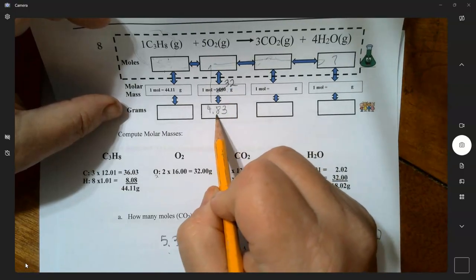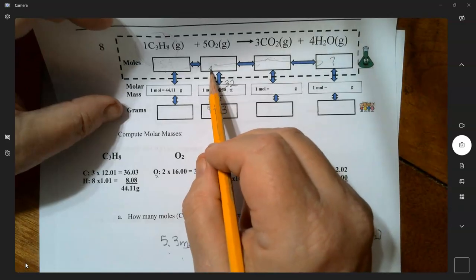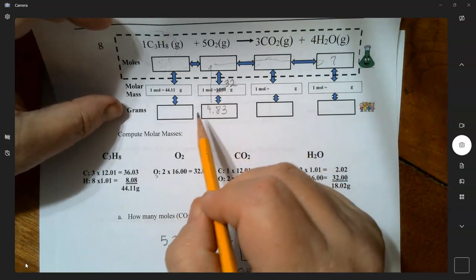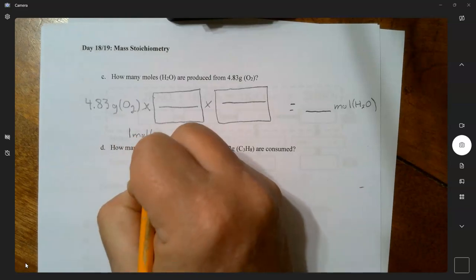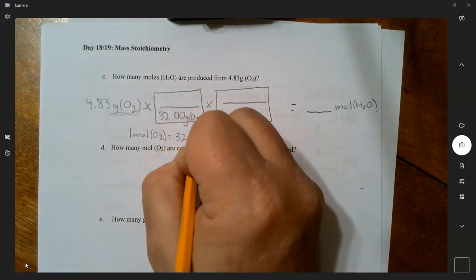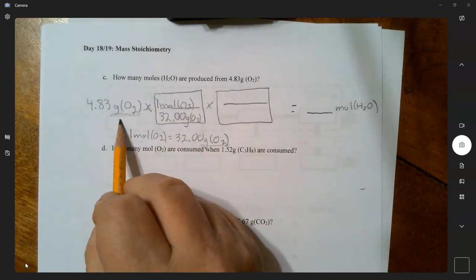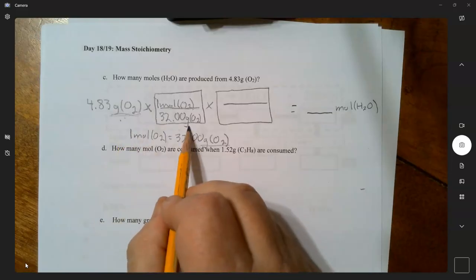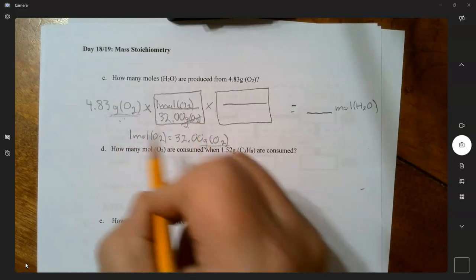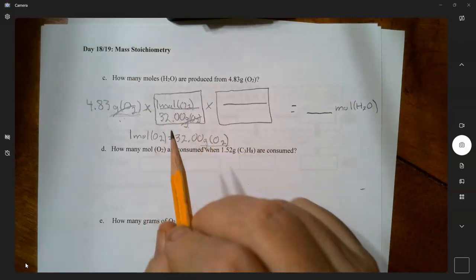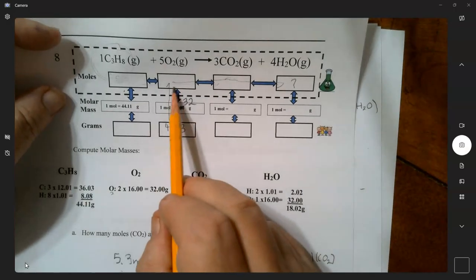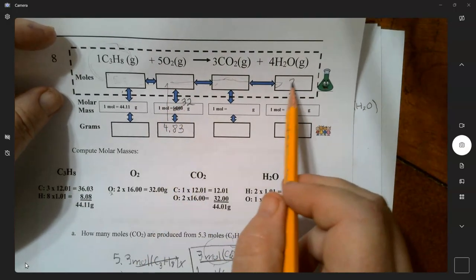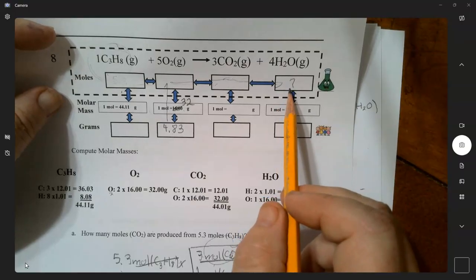So you have to go from 4.83 up to moles of O2. You have to go through the molar mass of O2. Okay, so we had grams on the top, we needed grams on the bottom, this one. So we're going to cancel those. Now we're sitting in the moles of O2 box, that's right here. So now we need to move across to moles of H2O for our final answer.